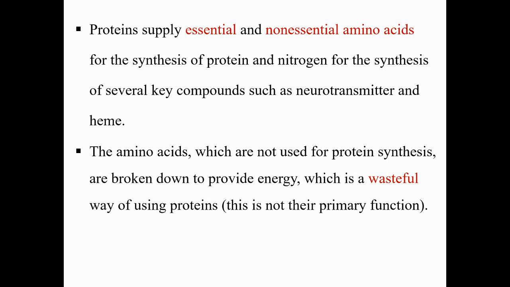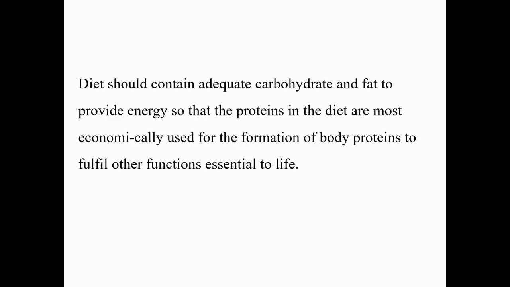Each amino acid has different properties and different metabolic functions. The amino acids which are not used for protein synthesis are broken down to provide energy, which is a wasteful way of using proteins. This is not the primary function of amino acids.